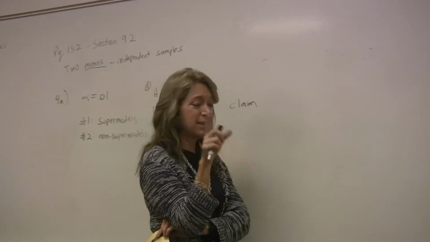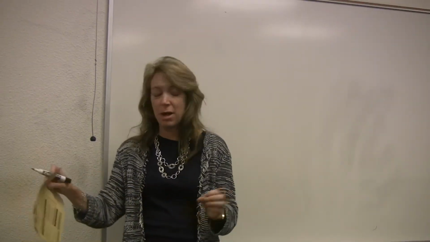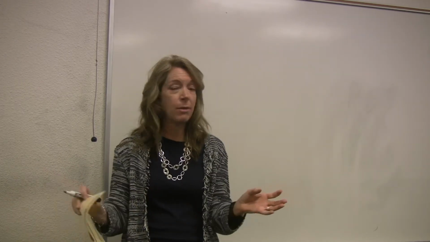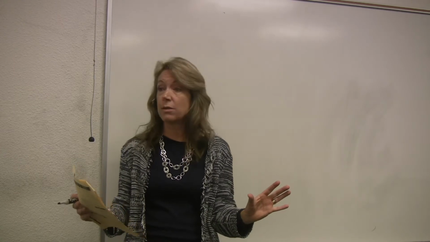Let's talk about what that means, because next time they won't be independent. The supermodels in their sample are not related in any way to these non-supermodels. It's not like they got a supermodel and each one's mom, or her sister or something. They weren't tied together in any way. They were two completely different samples.